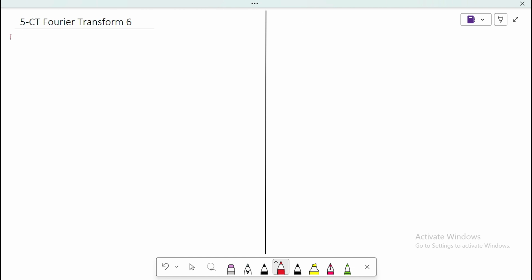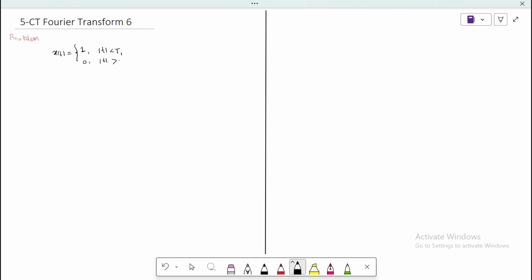Now in this problem, we have to find the Fourier transform for the rectangular pulse. Rectangular pulse, we know that here one rectangular pulse x of t, it is having the magnitude 1 in case of mod t less than t1, 0 for out of interval.